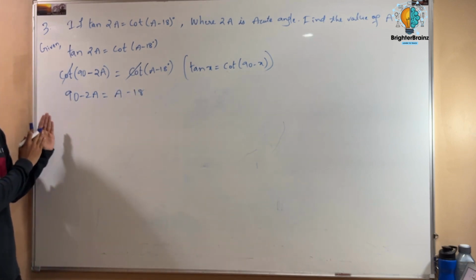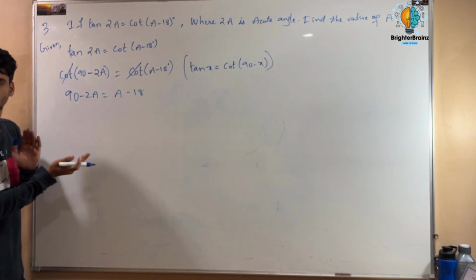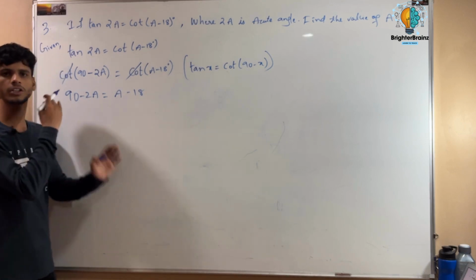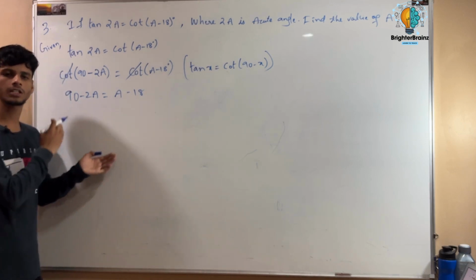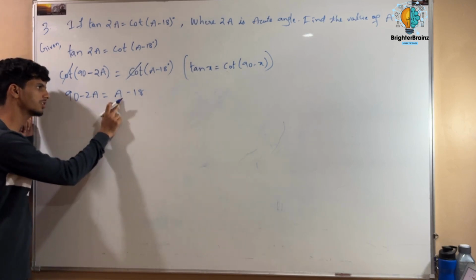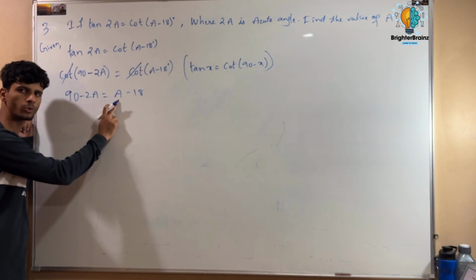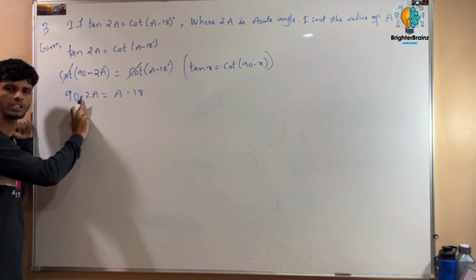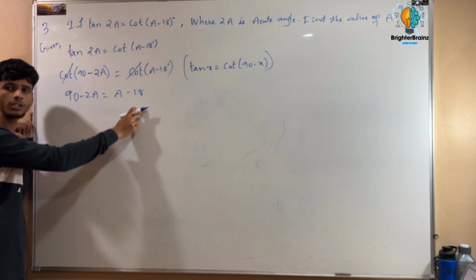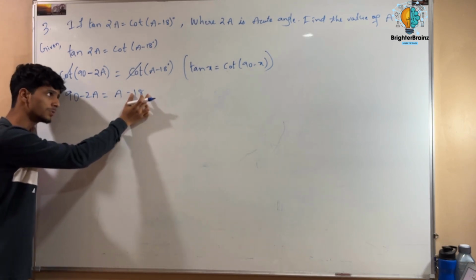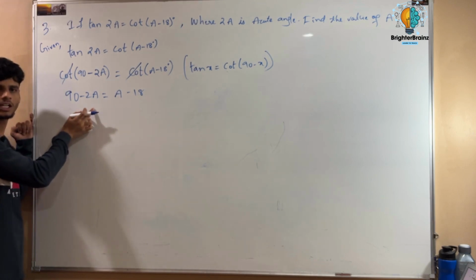Now transpose all the variables to one side and all the constants to the other side. So now compare here, which is the largest variable, 2a or a? 2a. But 2a has a negative sign, so we need to make it positive by transposing to the other side. So transpose this 2a that side and transpose this minus 18 to this, LHS side.